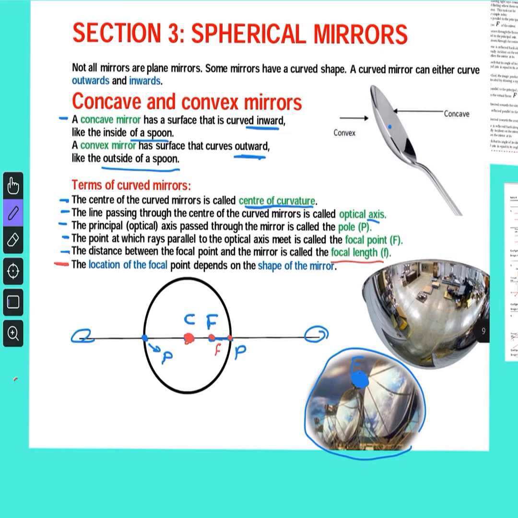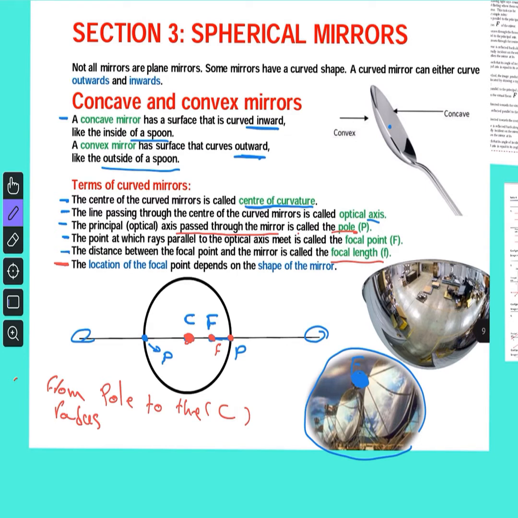The point where all the light hits we call the focal point. One note you have to know: from the pole to the center, C, we call the radius.